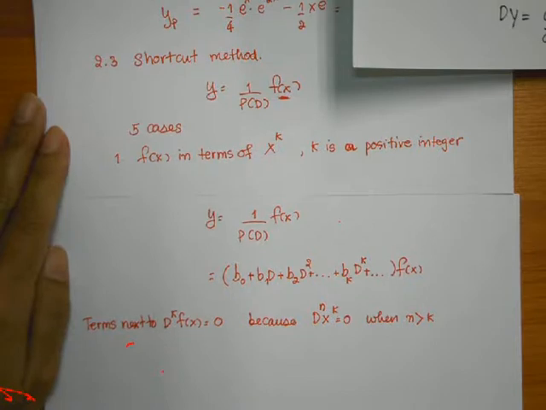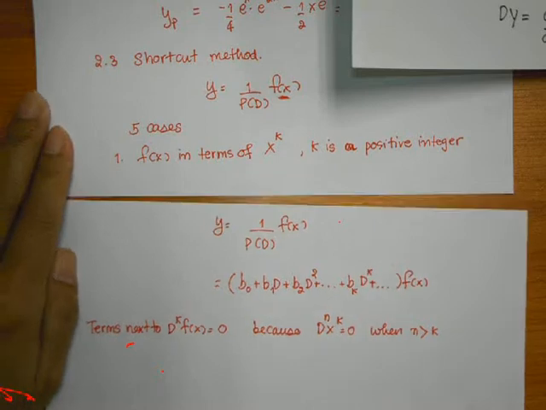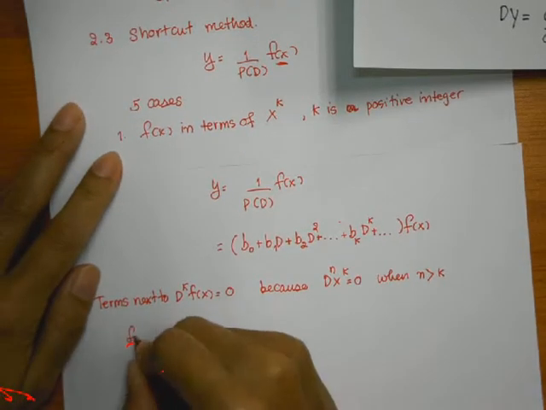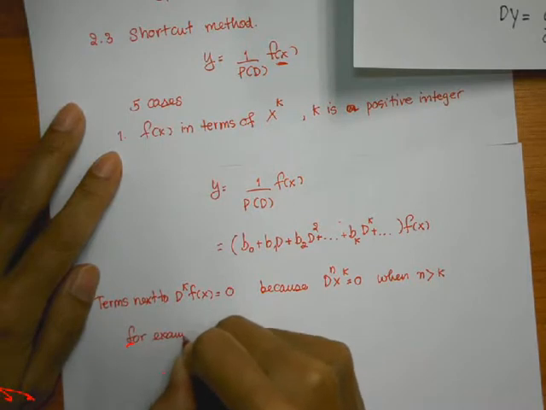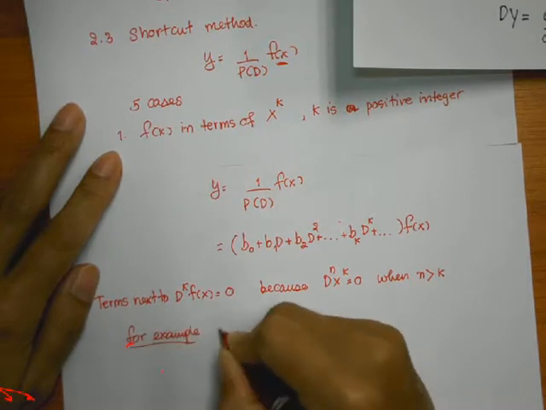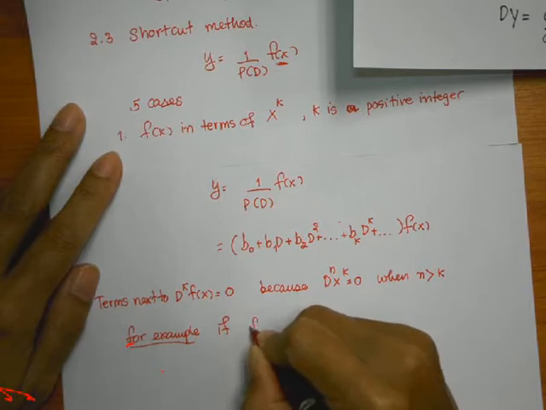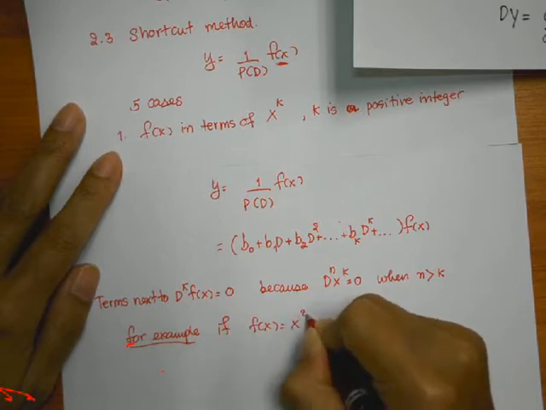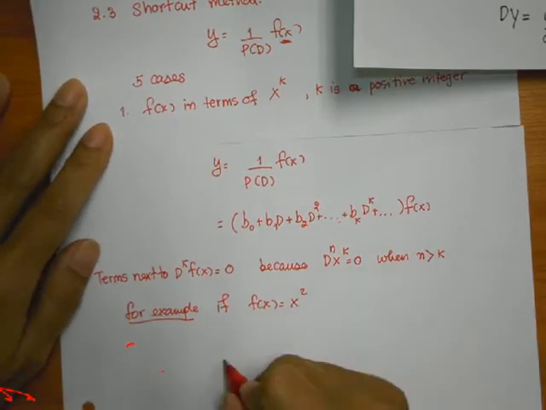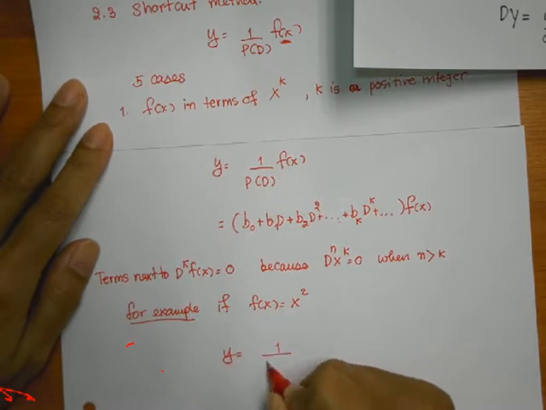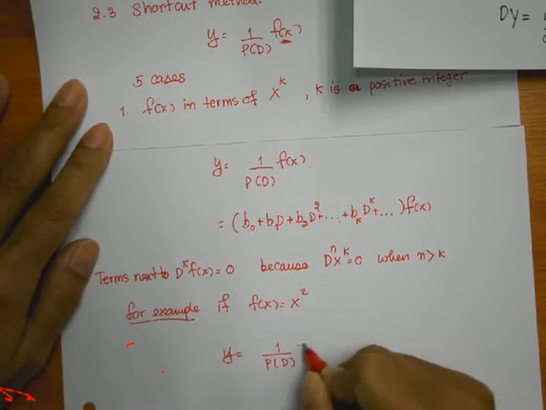For example, if our f(x) is equal to x squared, when you write down 1 over P(D), for example, you write down y equals 1 over P(D) times x squared.